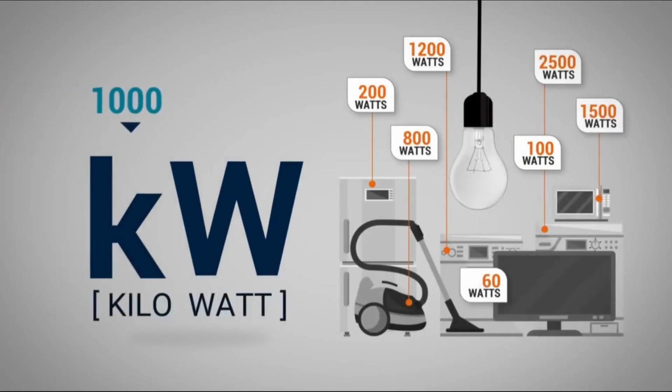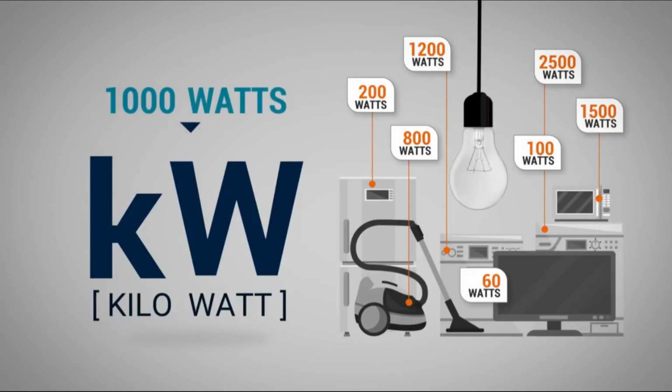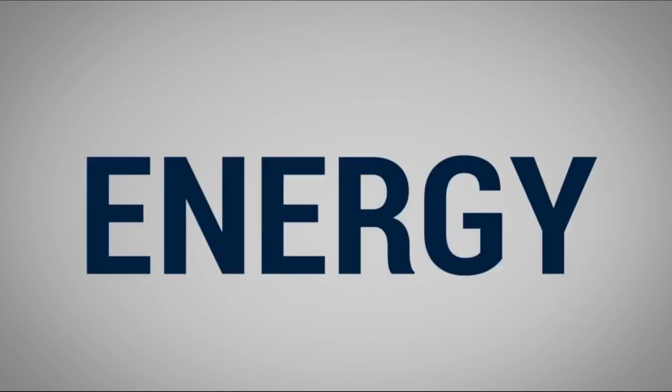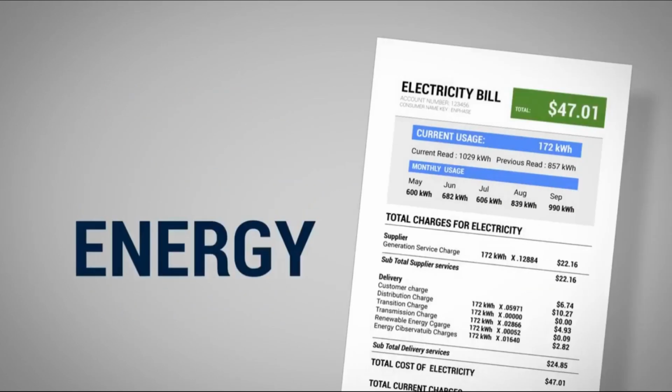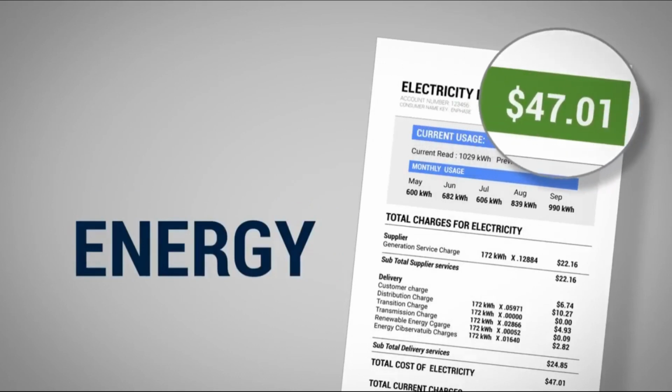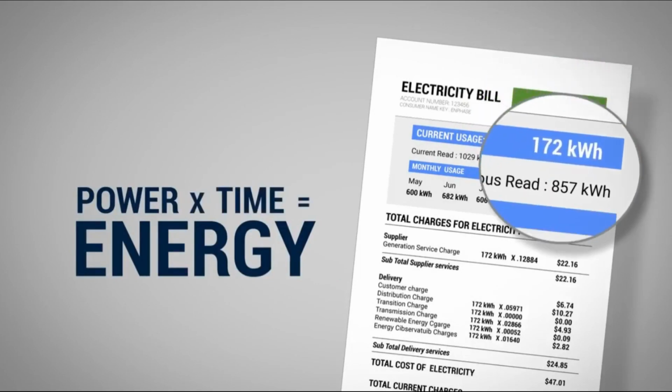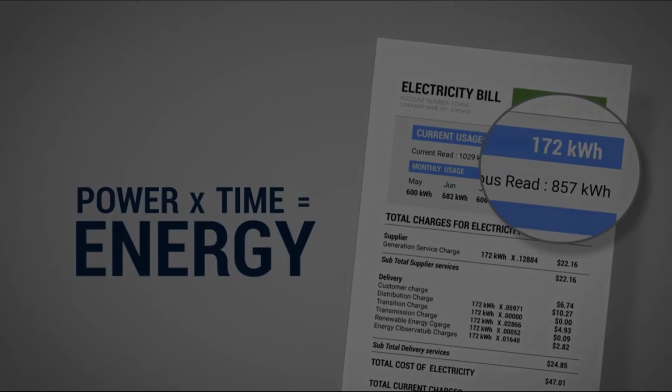Kilo means 1,000, so a kilowatt is 1,000 watts. However, both watts and kilowatts are only a snapshot of instantaneous electrical usage. Energy, which is what we really care about and what the utility company charges you for, is that accumulated amount of power being used over some period of time. Energy is expressed in kilowatt hours.